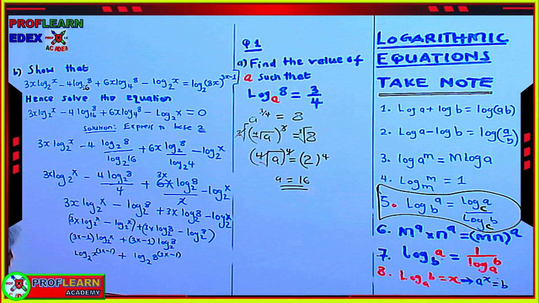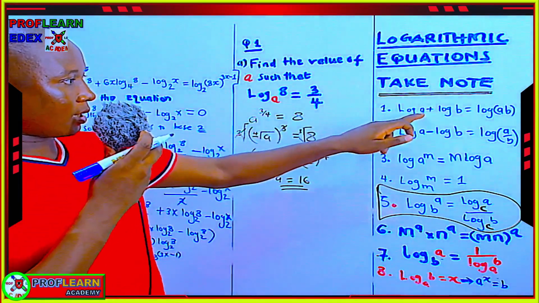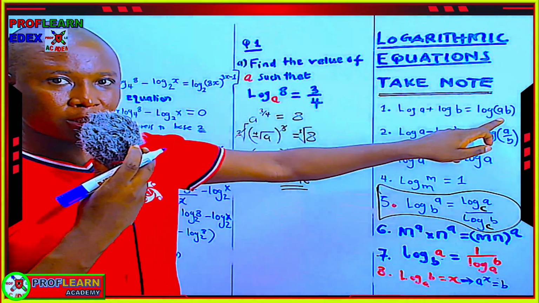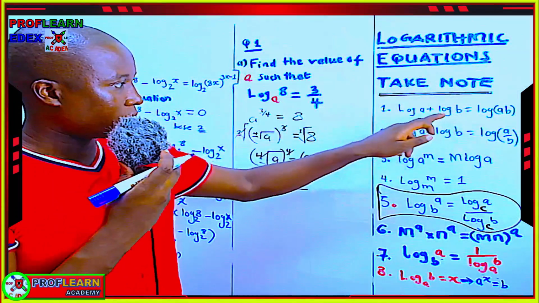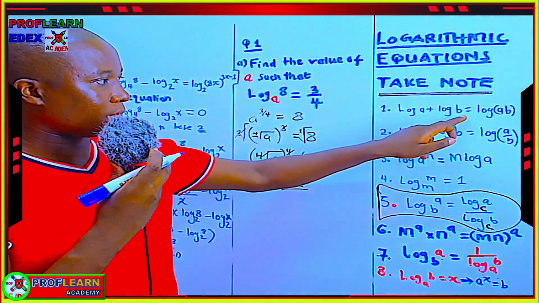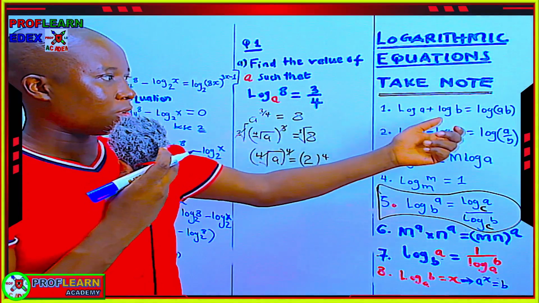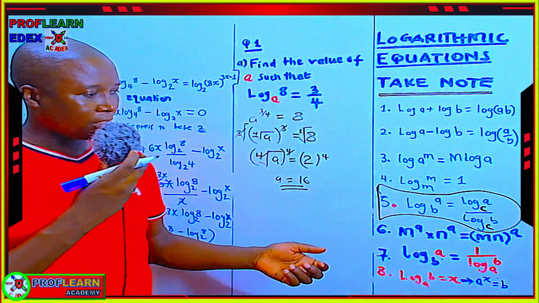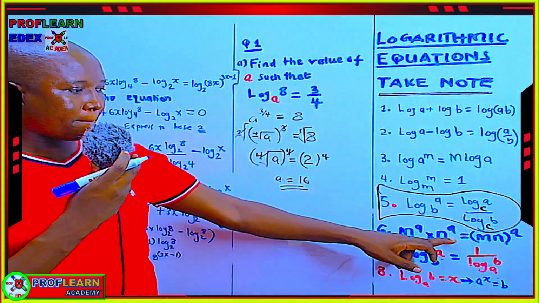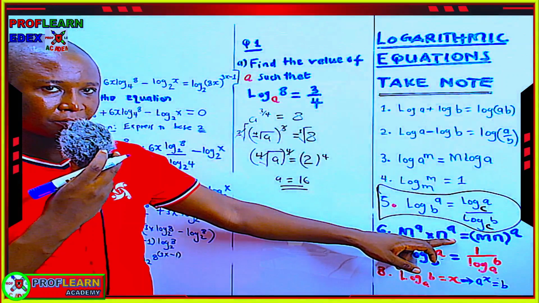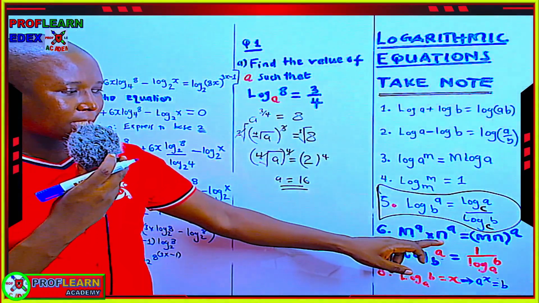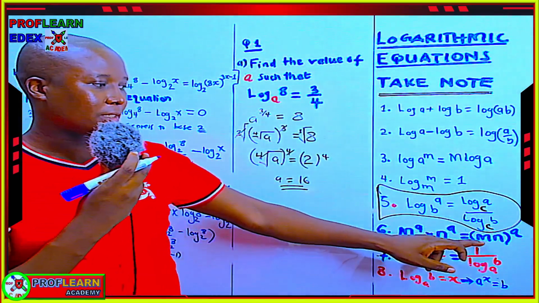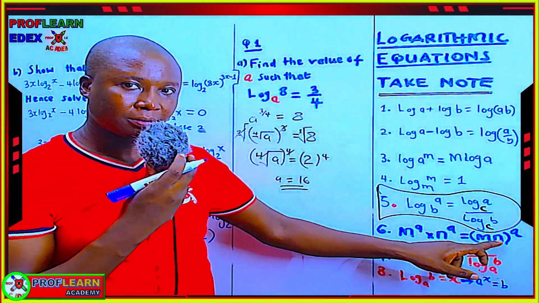And remember, when logs are added, we can multiply them and express as a single log, which means log a plus log b is log a times b. At the same time, if you are having the same power, m power a times n power a is the same as m times n power a.